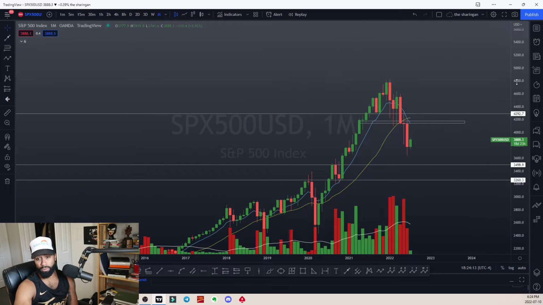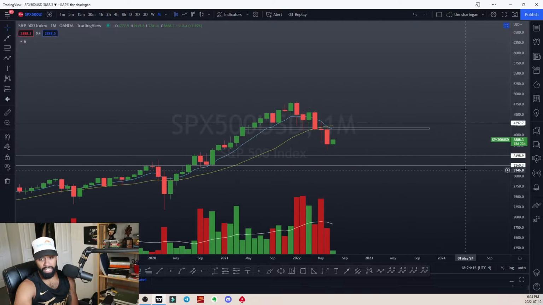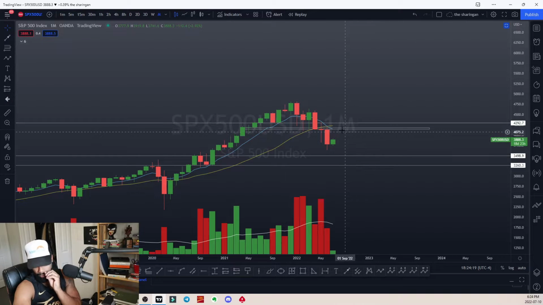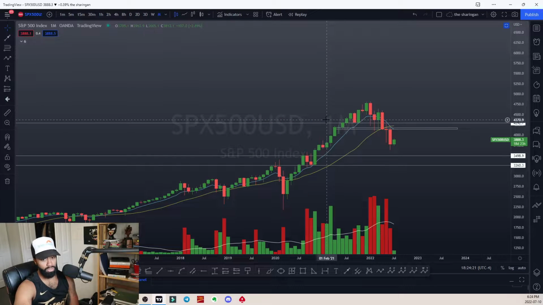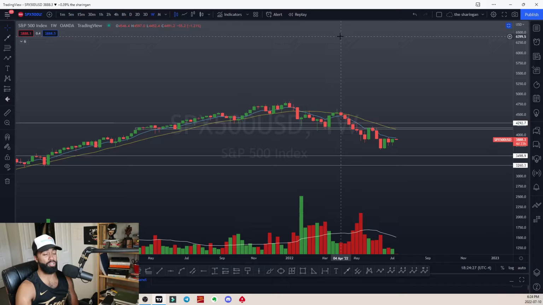Again, if we zoom out a little bit further, we got that cross under, the bearish cross, on the monthly chart as well. So we might see some continuation to the downside, even though what I'm thinking might happen is there might be a little bit of relief in the next couple weeks.